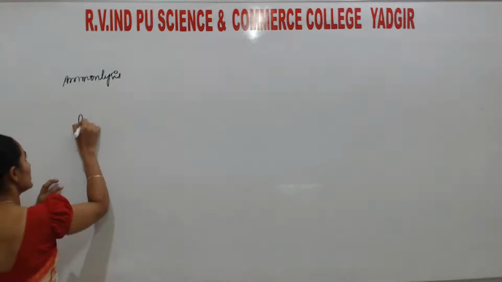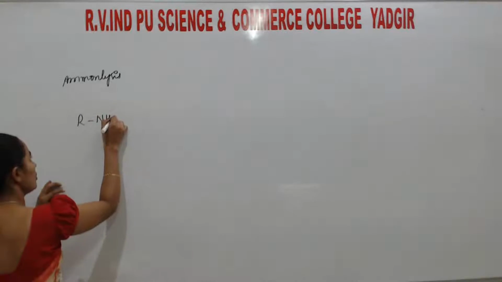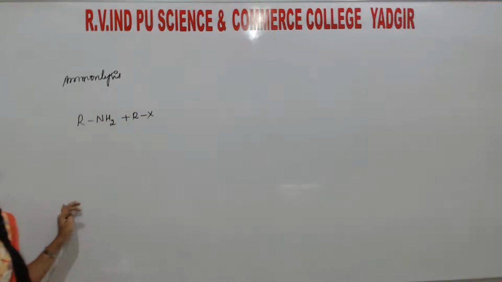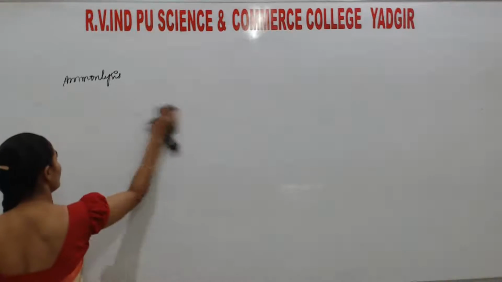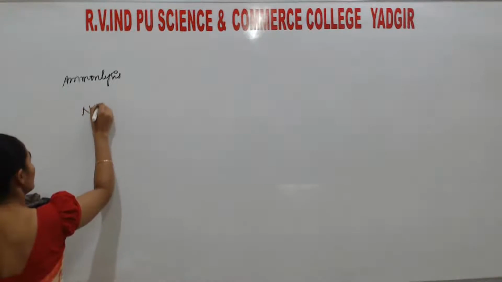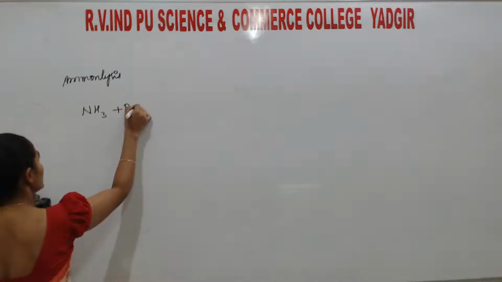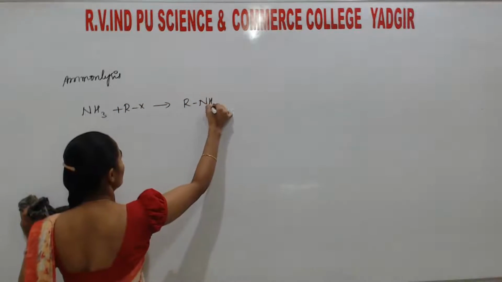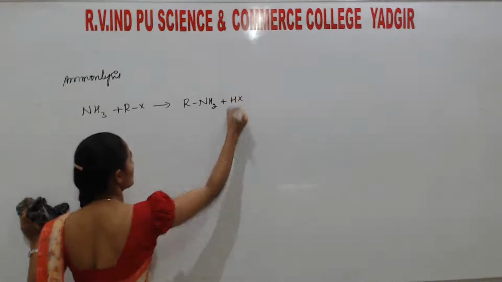How? So listen, first step, NH3 is there. It is treated with RX type compound, forms RNH2 plus HX.